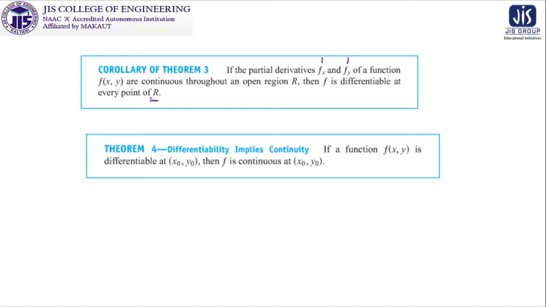It is true also for function of single variable, but here you are going to get various important and variational examples. But first we concentrate on the statement: if a function f(x,y) is differentiable at (x0, y0), then f is continuous at (x0, y0).